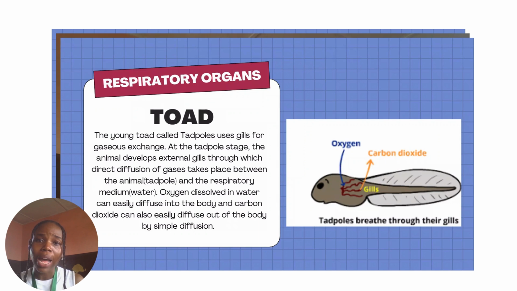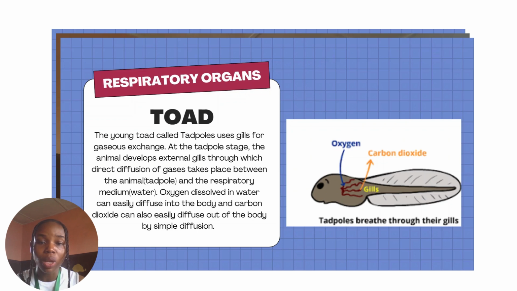Now let's take a look at respiration in toad. The young toad is called the tadpoles. You all know the life cycle of a toad. So the young one of a toad is called tadpoles, and the tadpoles basically are aquatic organisms. They live in water. That's what aquatic organism means.